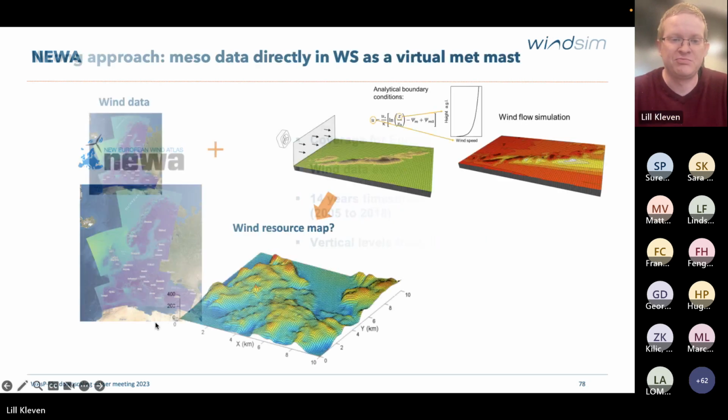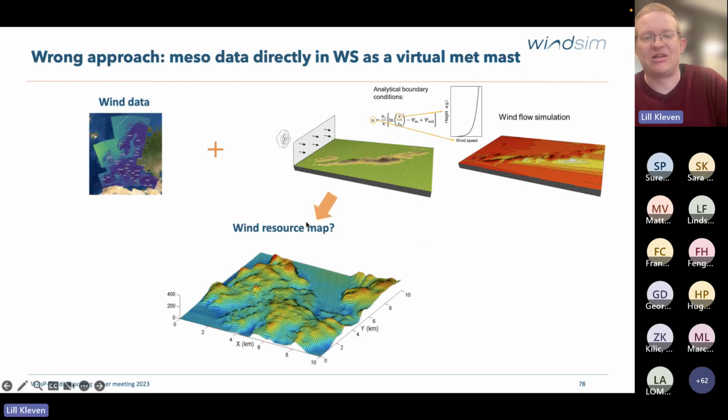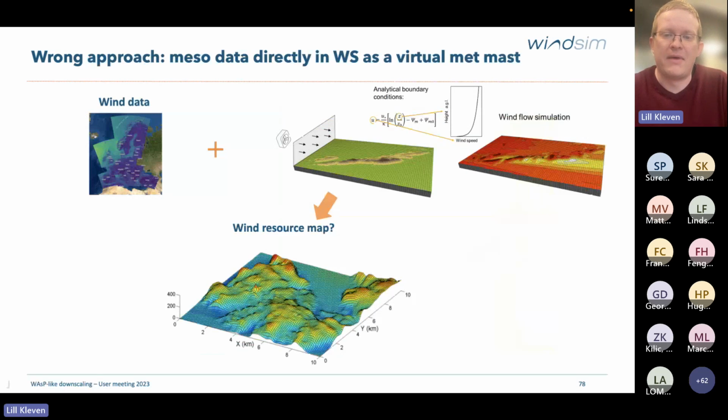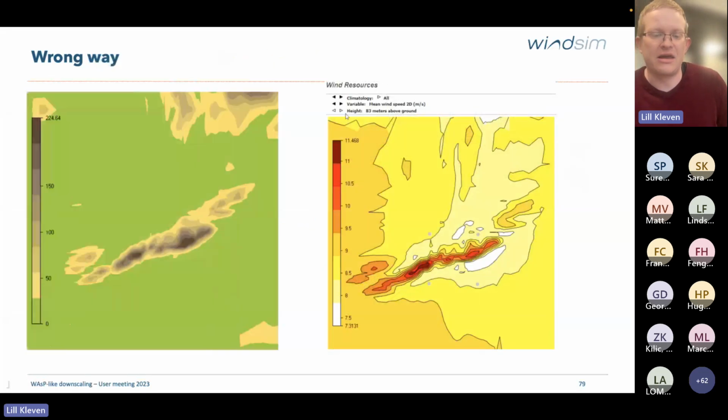The idea here is to simply see what happens when you take the data, run the standalone WindSim simulations, and use it as a virtual metmast inside the wind resources module.